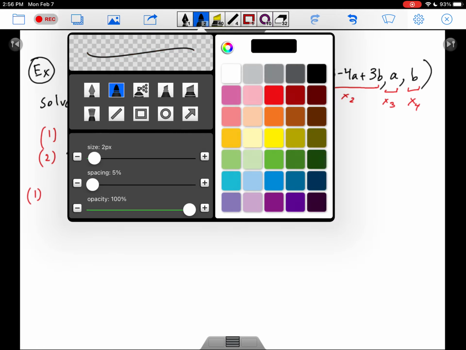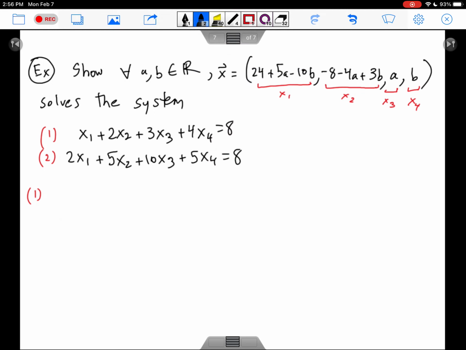So we're going to start with equation 1. I'm replacing x1 now with 24 plus 5a minus 10b. So I'm rewriting equation 1 with all of those things substituted in. So we've got 24 plus 5a minus 10b, now what?